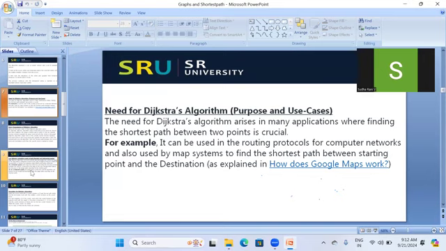This is a shortest path algorithm with some different characteristics, and it calculates the optimal solution, meaning the shortest path between the source and destination as well as any given points. Take the example of routing protocols for computer networking, and Google Maps, where it finds the shortest path between the source and destination.